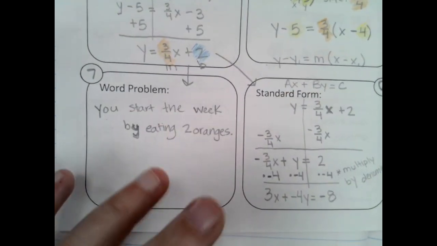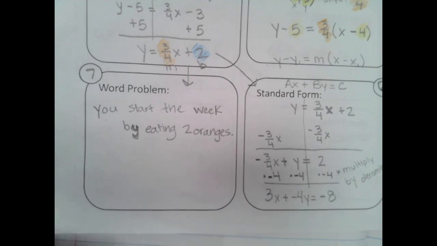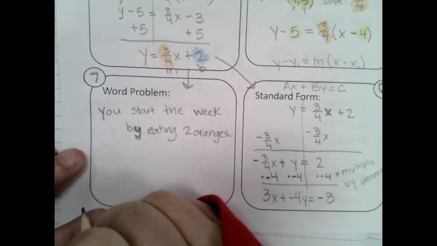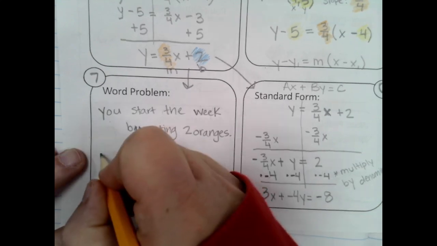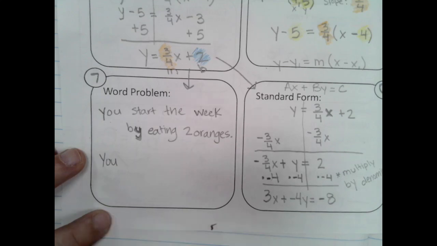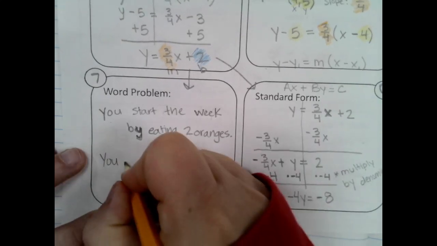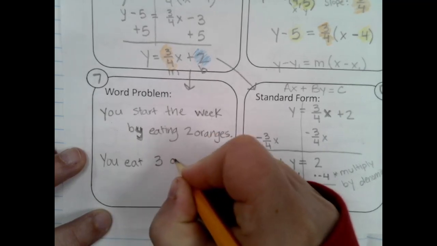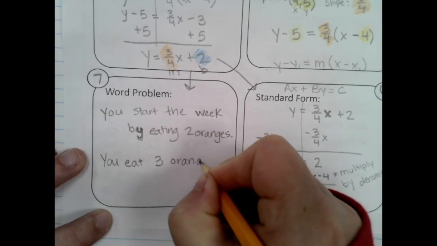And then every 3 days, or, nope, that's not right. You then eat, I can't think. My brain's going to restart. Okay. You eat 3 more oranges every 4 days.